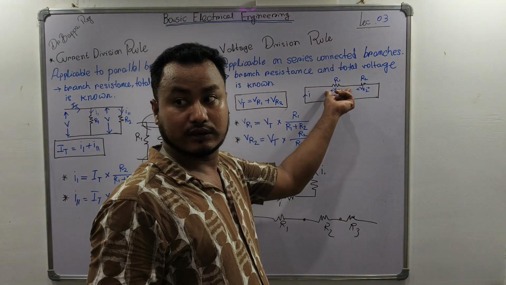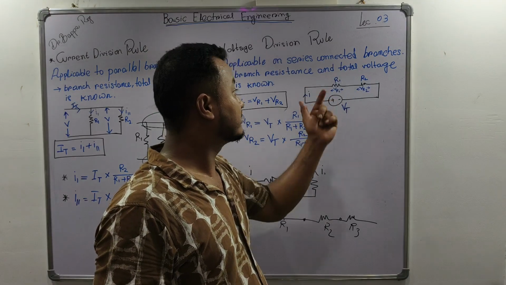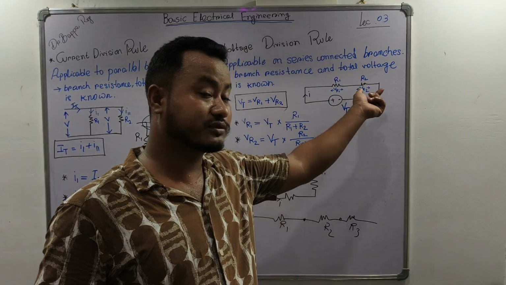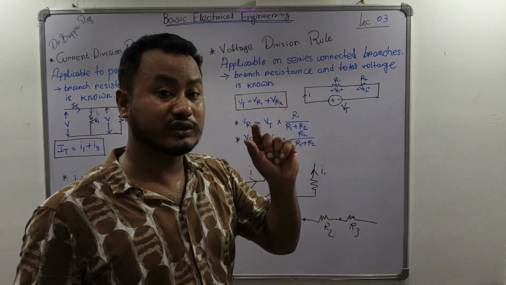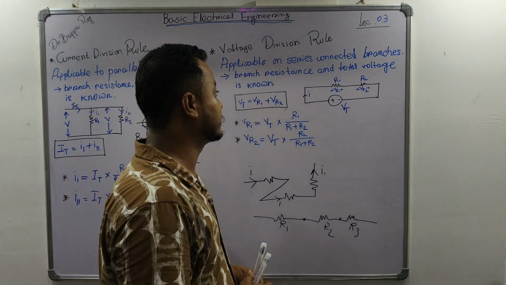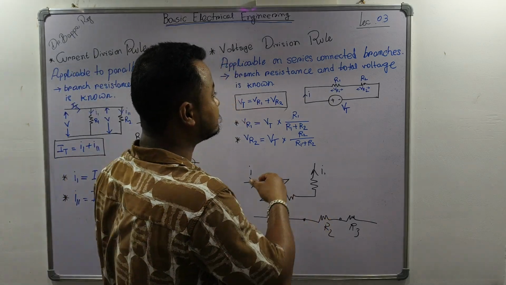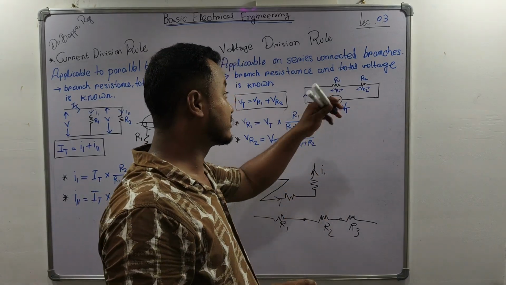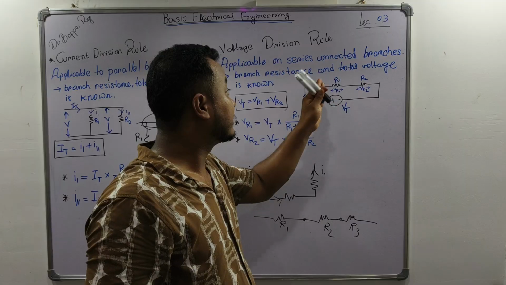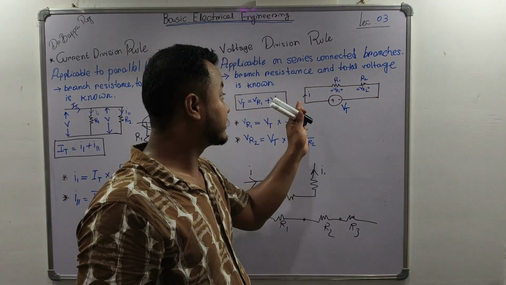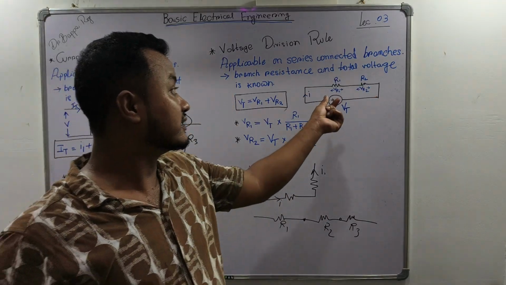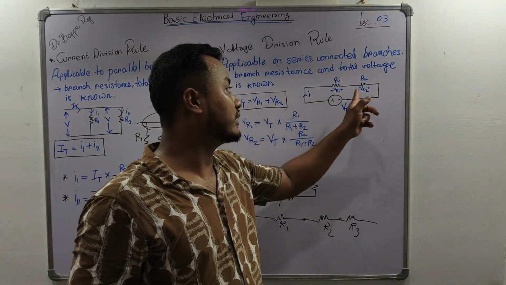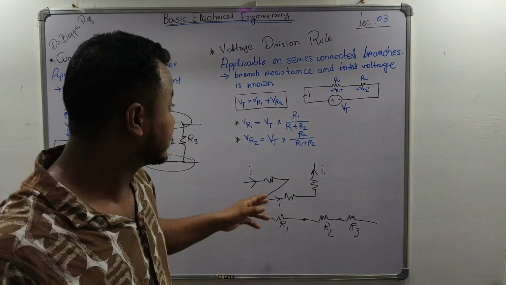VR1 is the voltage across this R1 resistance, VR2 is the voltage across R2 resistance. If we talk about current, we say through R1, through R2. Current through R1 and R2 is the same, that is I, but the voltage across these two resistors, or voltage drop, is different. VR1 and VR2 are different.